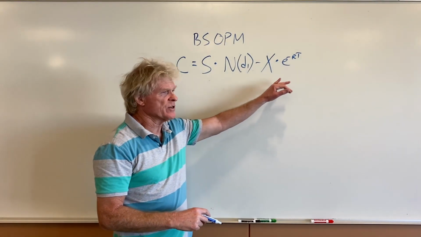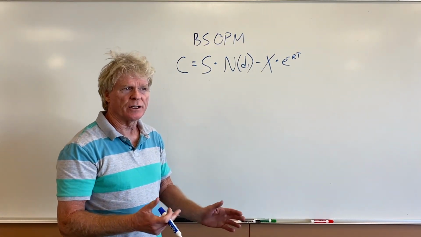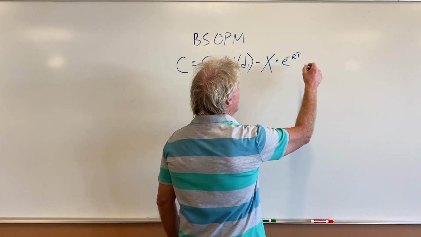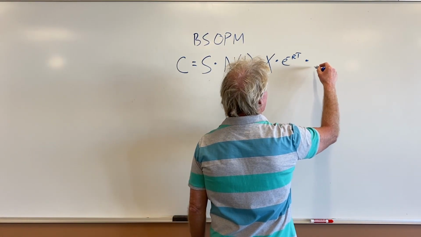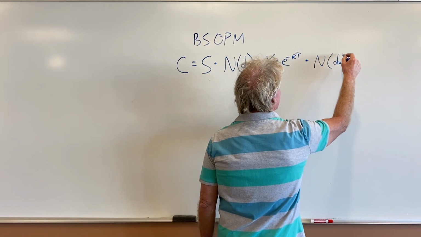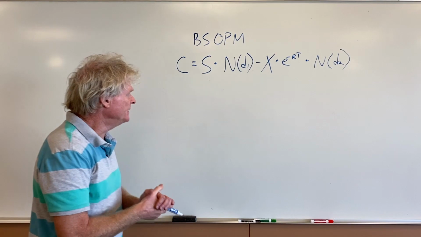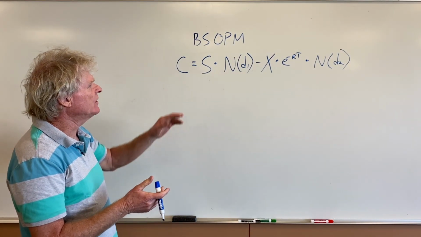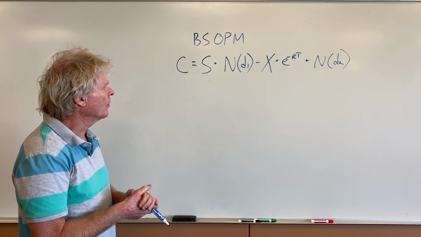Again, that's just a present value interest factor using continuous discounting. And this is multiplied by another probability that's written N(d2).